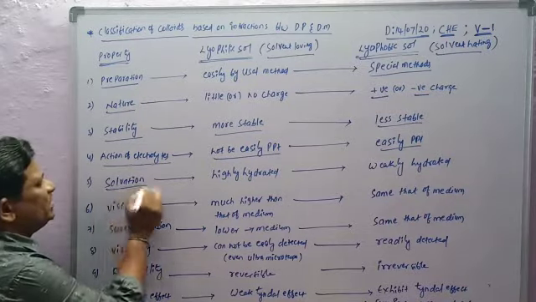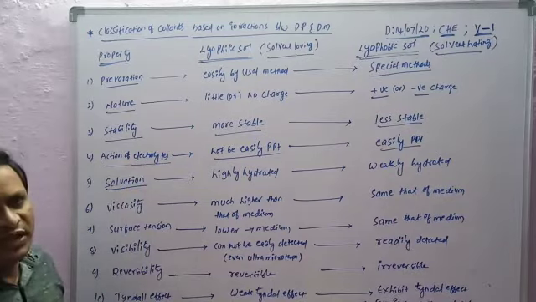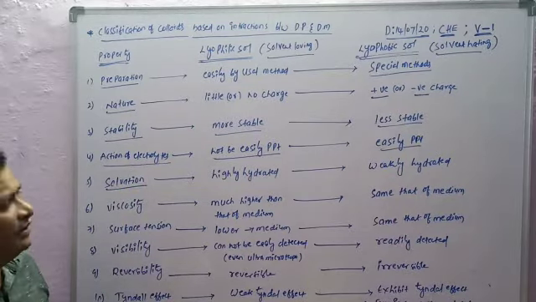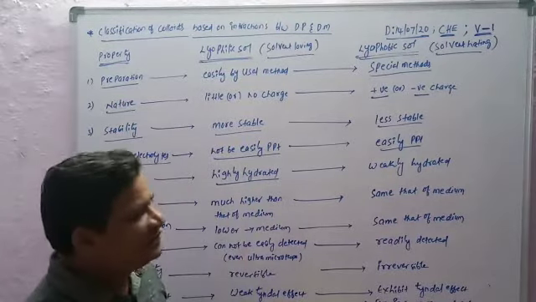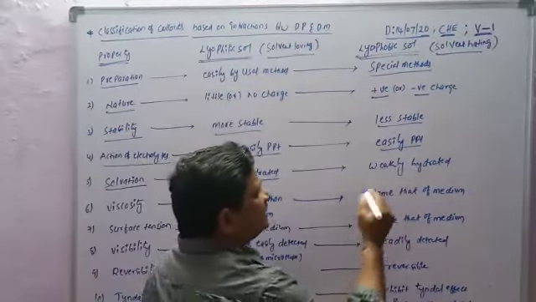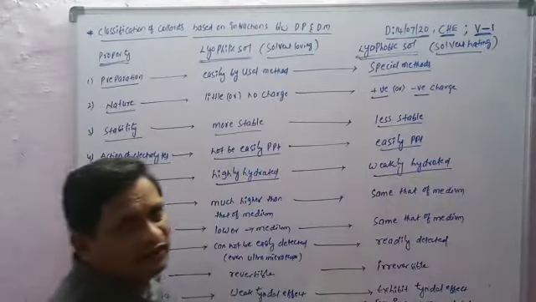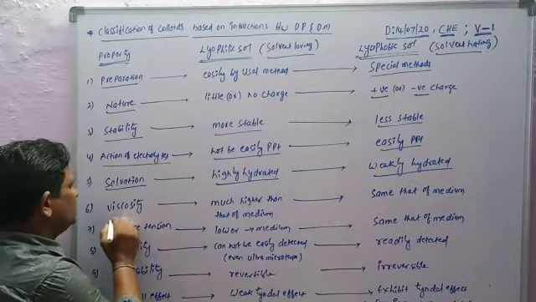The next property is solvation. Solvation means hydration, hydrated with water. Lyophilic sols are highly hydrated, lyophobic sols are weakly hydrated. Next property is viscosity.